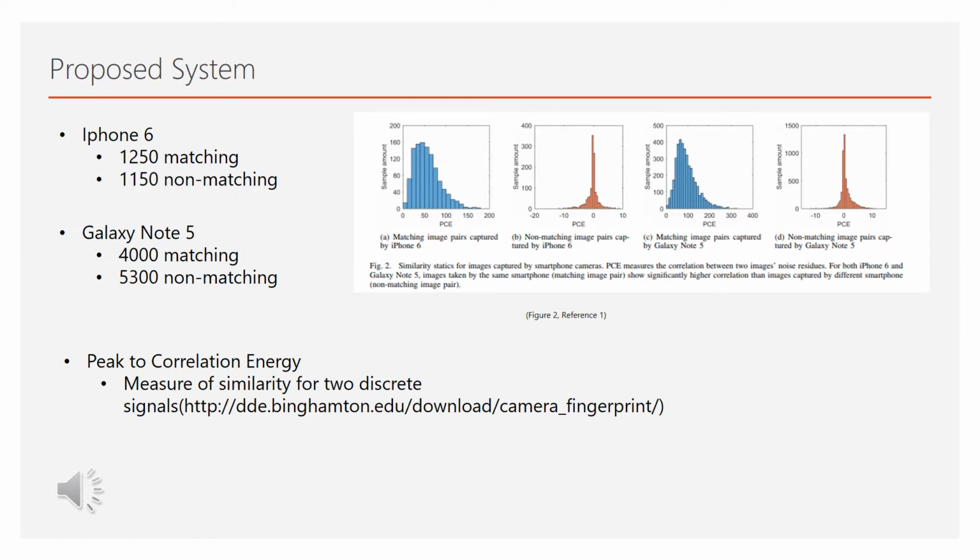The higher the PCE number, the more the frequencies from the fingerprints matched. As you can see in figure B, the non-matching pairs captured by the iPhone 6 had a pretty much 0 PCE value, which means they did not match at all.